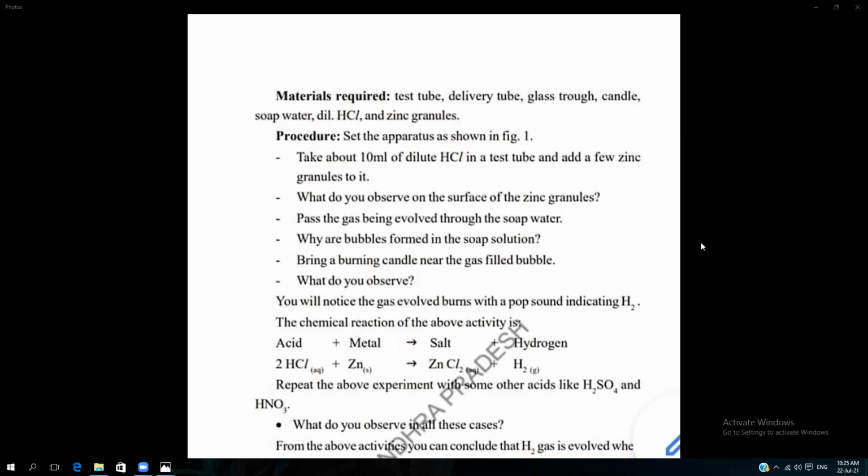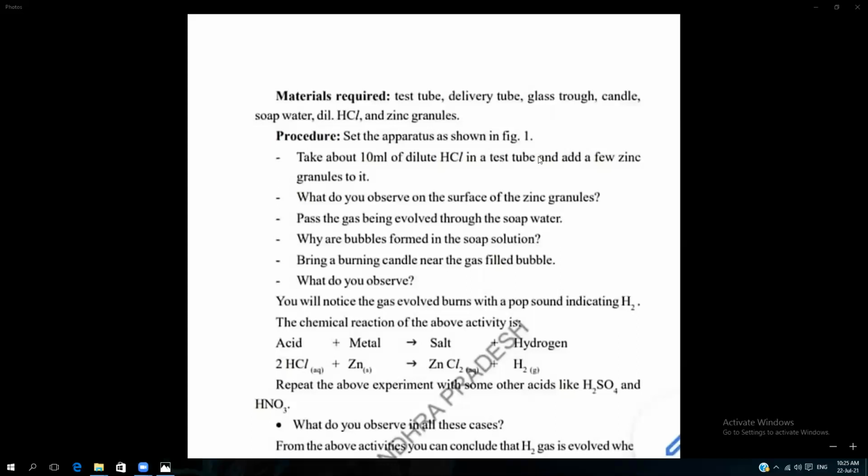You will notice the gas evolved burns with a pop sound, indicating hydrogen. Pop sound means, see here, the gas evolved burns with a pop sound indicating hydrogen. When the burning candle is brought near, suddenly the flame disappears.